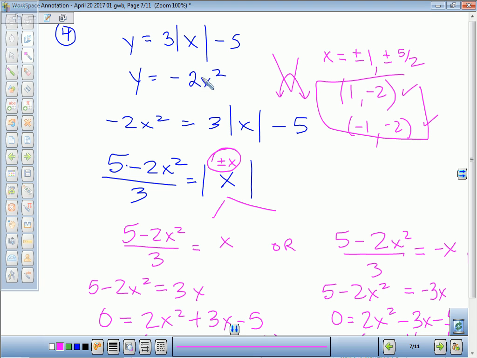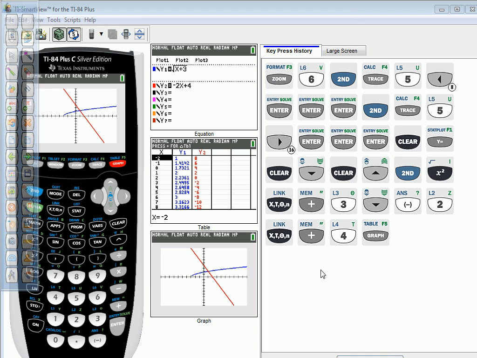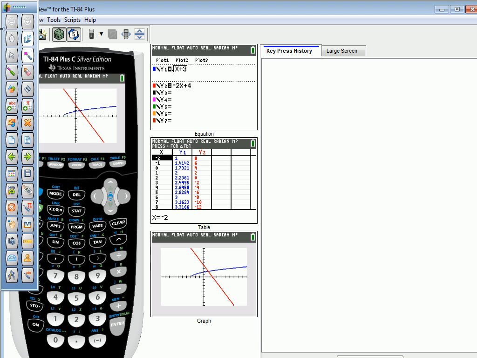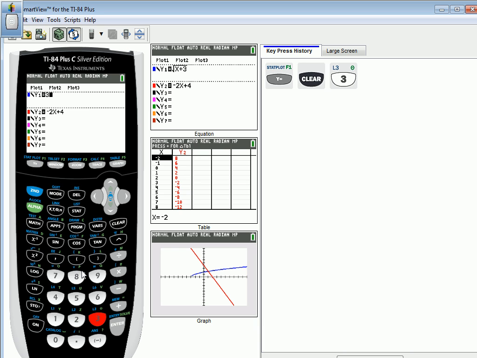Now, let's verify using your graphing calculator. So if you guys will pull out those graphing calculators one more time. Graph. Let's do those two. That's why I wanted to do that with you, to remind us where the absolute value is again. Alright, so our equation is 3 times the absolute value.